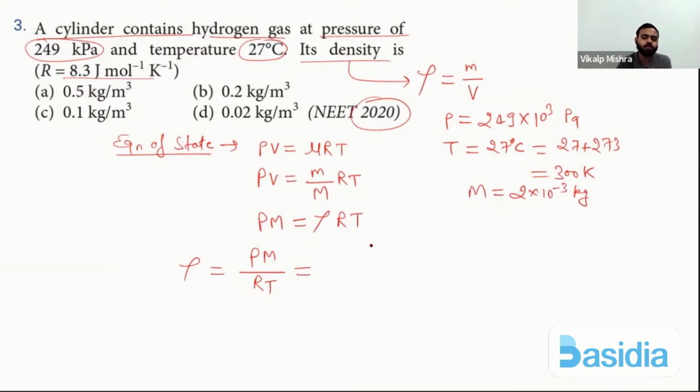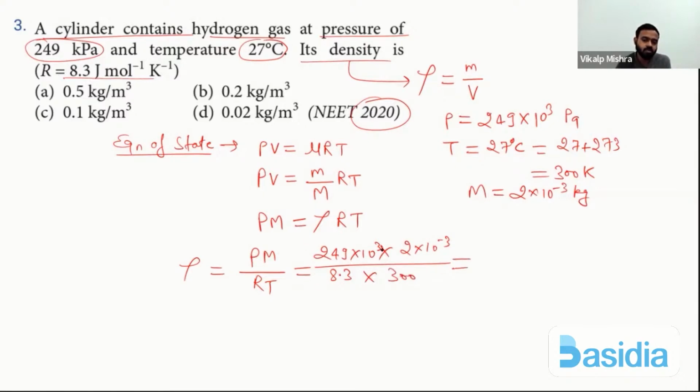So put all the values. Pressure is 249 into 10 to the power 3. Molar mass is 2 into 10 to the power minus 3. R is given 8.3. And temperature is 300 Kelvin.